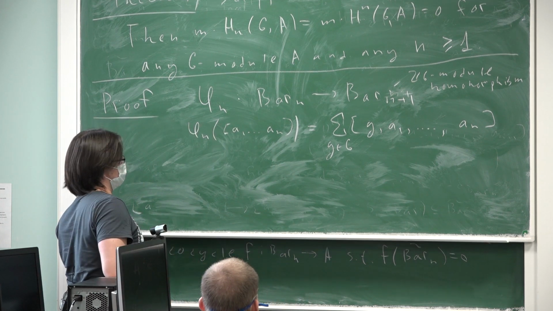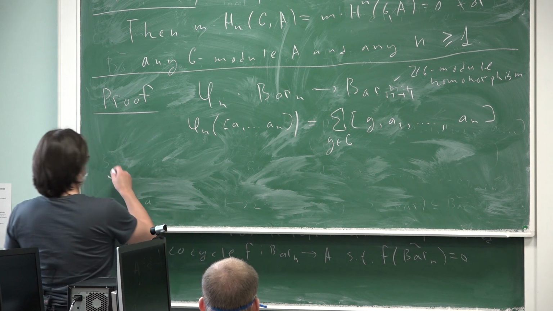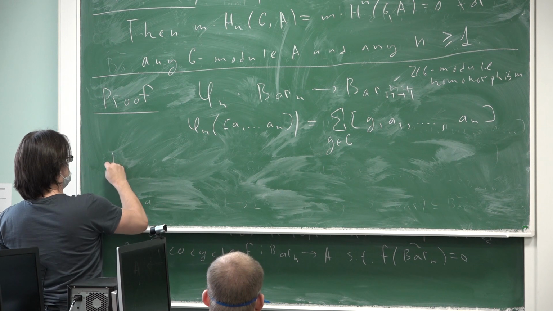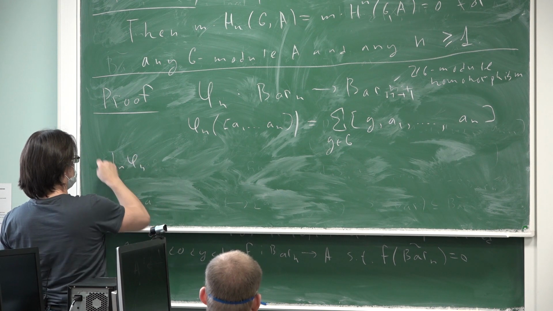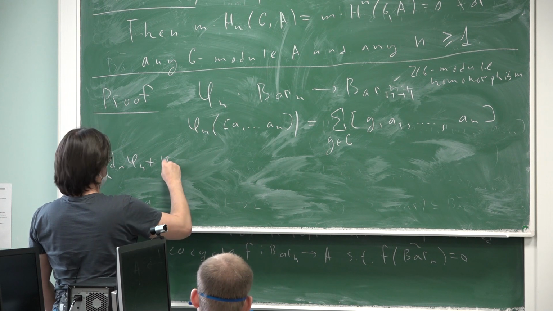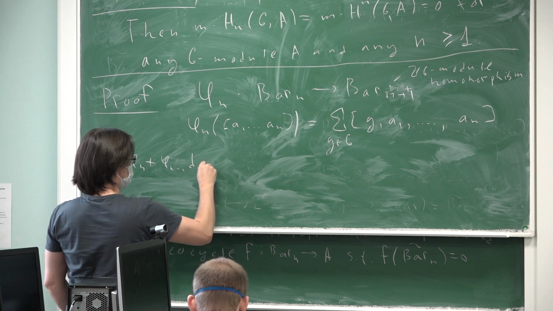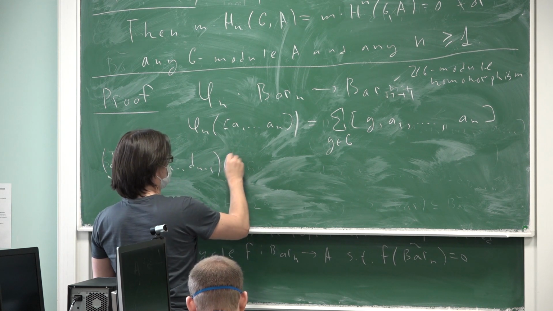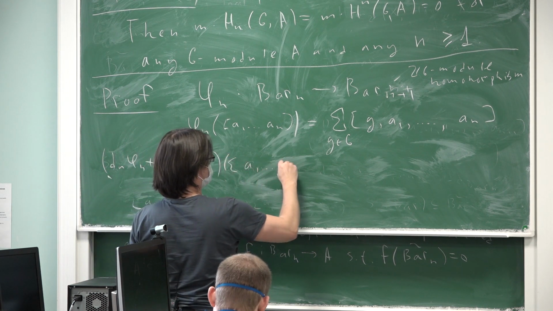Then let us calculate the following thing. Let's calculate dn phi n plus phi n minus 1 dn minus 1 of a1, so on, an.